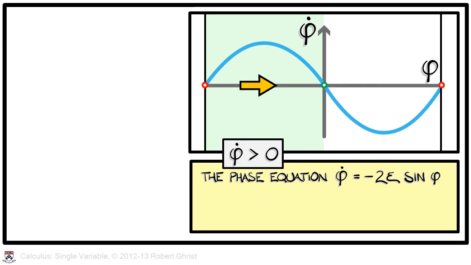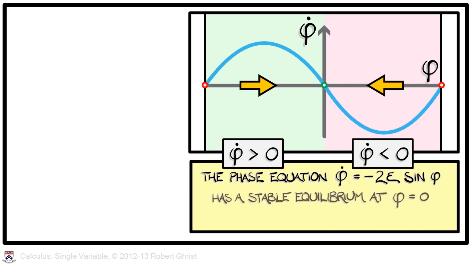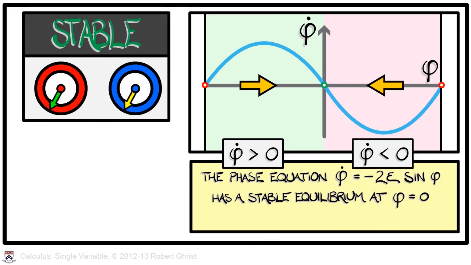And when phi is less than 0, then phi dot is positive, and you're increasing phi as a function of time. To the right of 0, phi dot is negative, which means that phi is decreasing as a function of time. And this tells us that 0 is a stable equilibrium for this system.